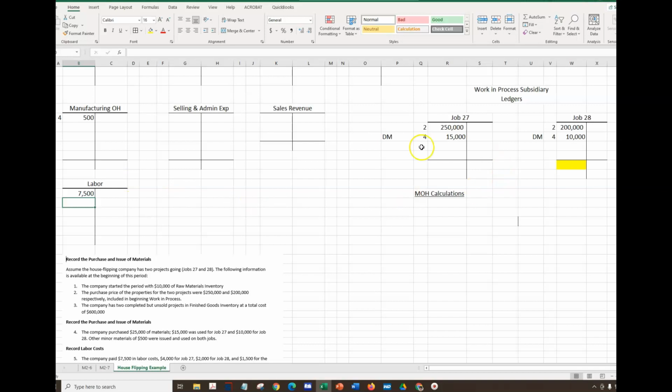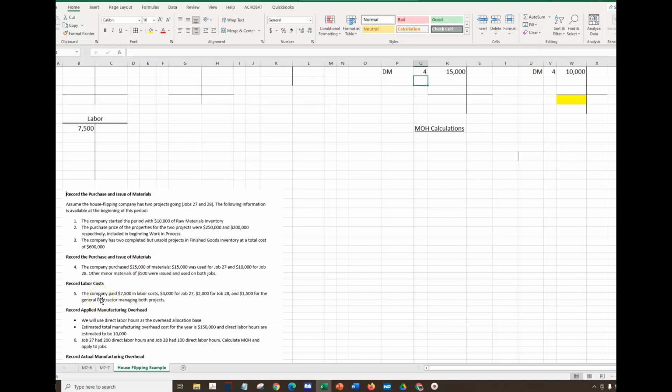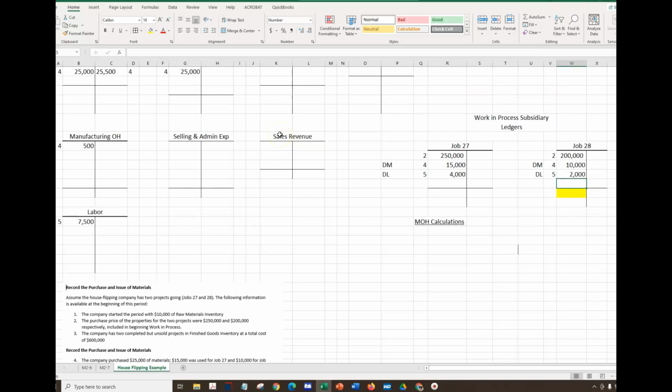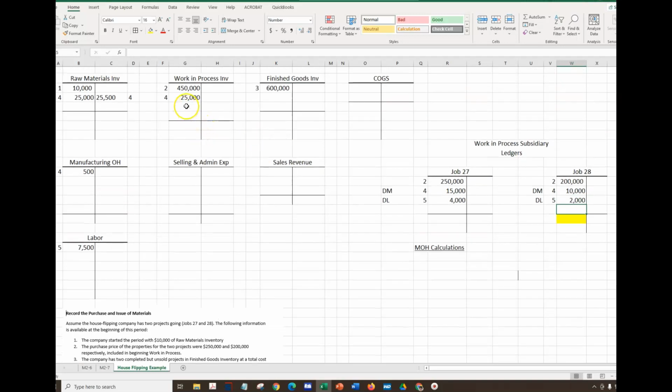And 4,000 came out for, oops, what number is this? This is 5. So direct labor, 5. Direct labor, 5. 4,000 for job 27. And 2,000 for job 28.